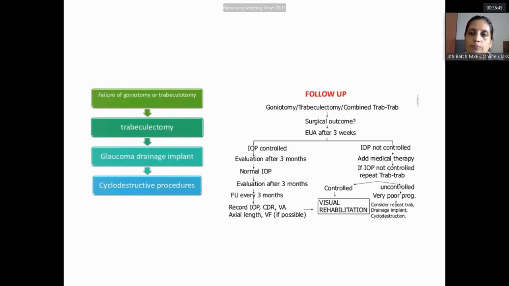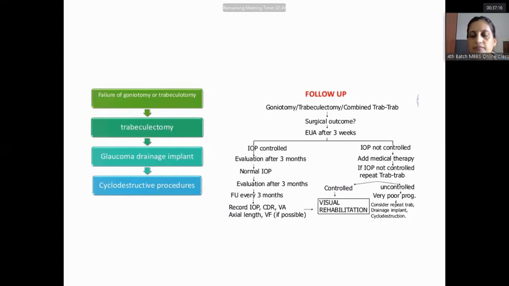So follow-up of this type of patient: again, we have to go for the examination under anesthesia. Every hospital has its own protocol, 2 weeks to 1 month follow-up. In the examination under anesthesia, we again follow the same protocol. Then evaluation after 3 months for normal IOP, and every follow-up at 3 months, and if possible, we have to see all the things which we have done in the examination under anesthesia.